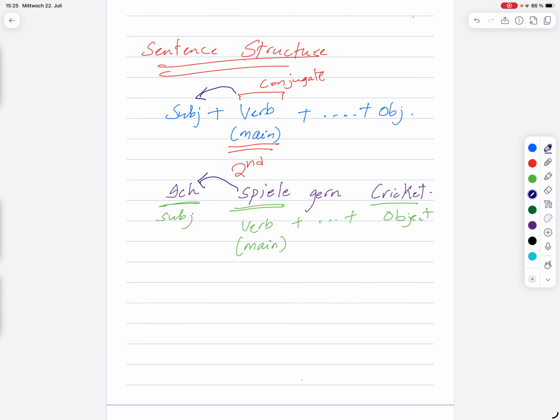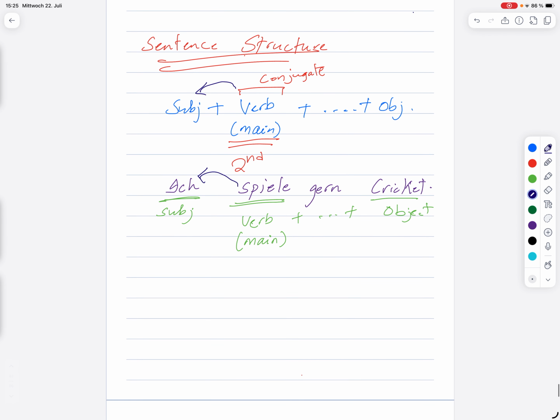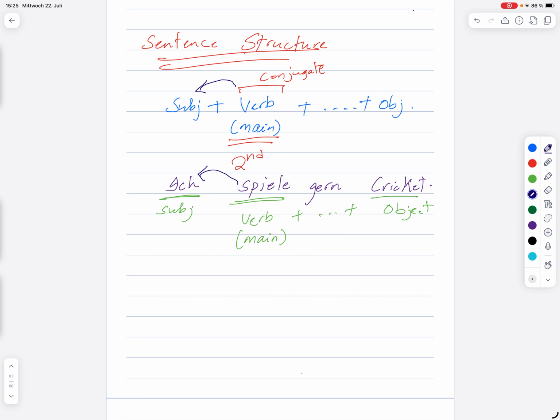So for example, I can write this sentence using a modal verb. I want to say I want to play cricket. Ich will Cricket spielen, right? So Ich will Cricket spielen, and it means I want to play cricket.